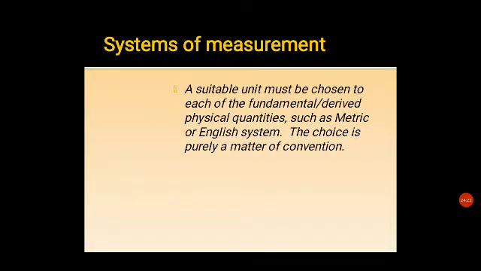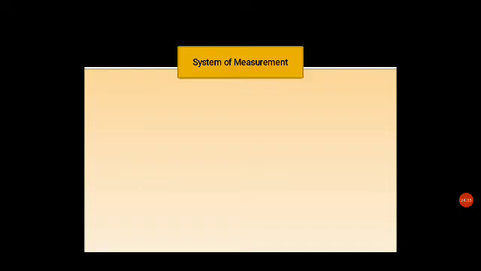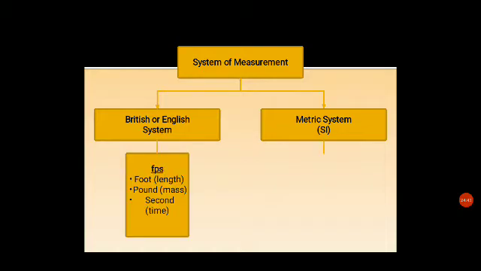Okay, so systems of measurements. So far there are 2 systems of measurements existing today: the metric system and the English system. We are going to differentiate these two. Under the British or English system is the FPS: foot for length, pound for mass, and second for time.